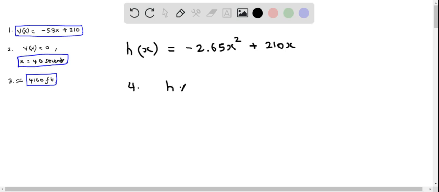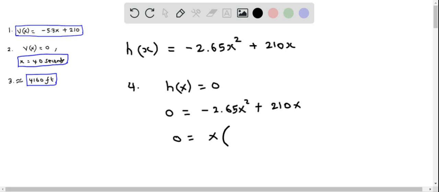So we have to plug in h of x equals 0, and when we do that, we get 0 equals negative 2.65 x squared plus 210x. I'm going to factor x from the right side expression. So I will get negative 2.65x plus 210.